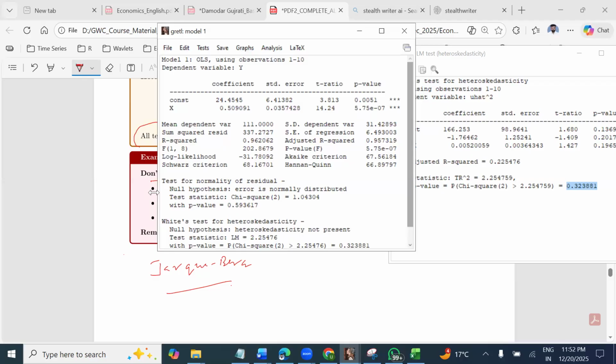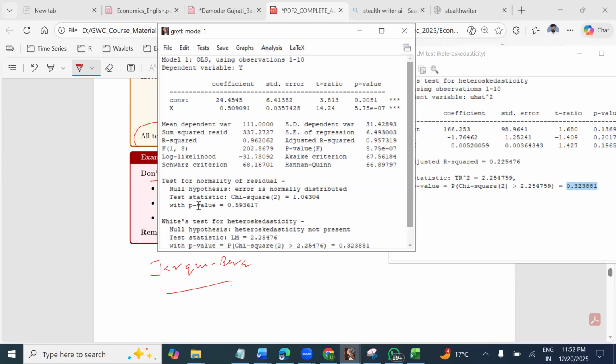Here it is given: test for normality of residual. What is the null hypothesis? Error is normally distributed. The chi-square test you did, you got 1.04, and the p-value you got 0.59.